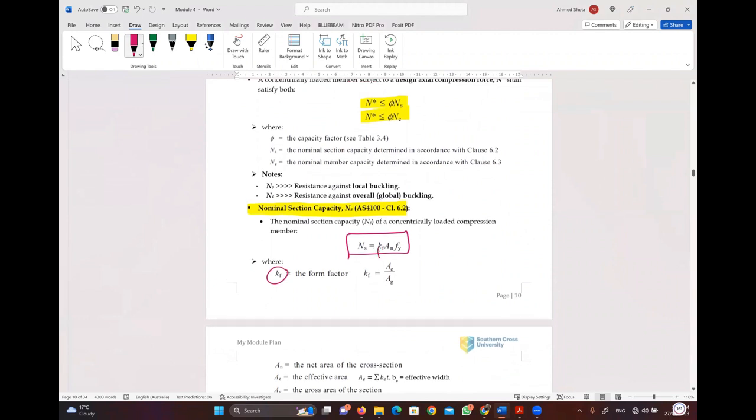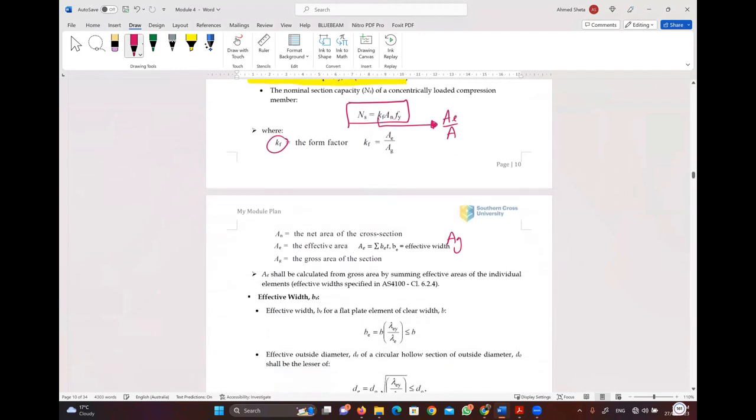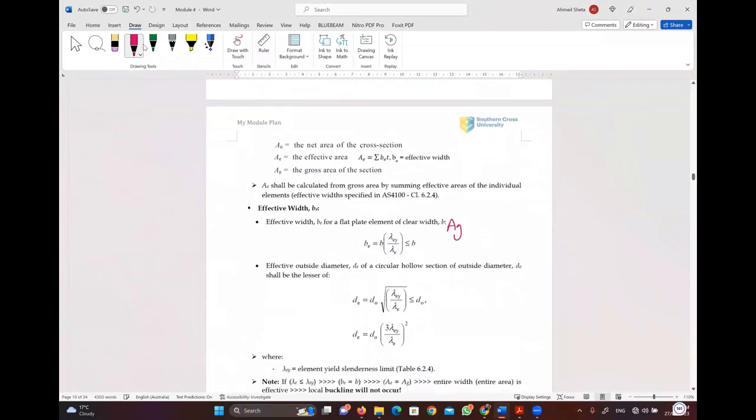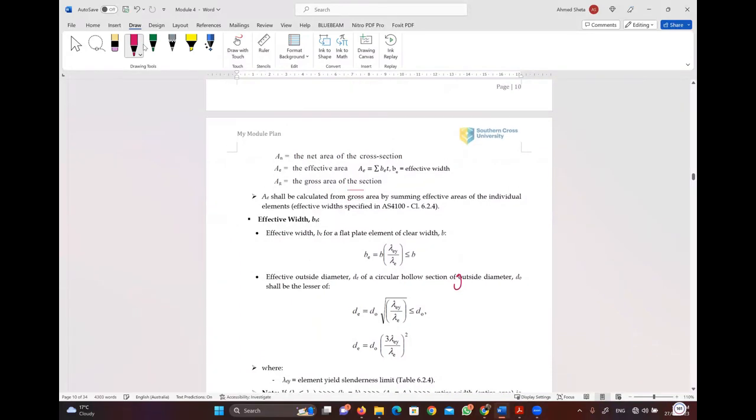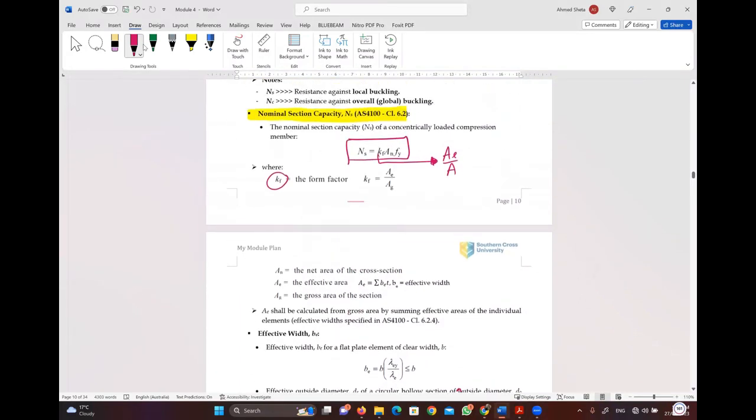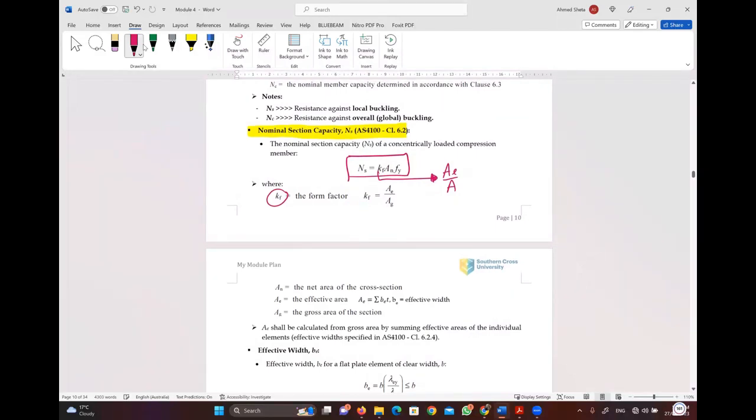This KF depends on area effective over area gross. For this case, we get that KF equals 1 because it is a compact section.